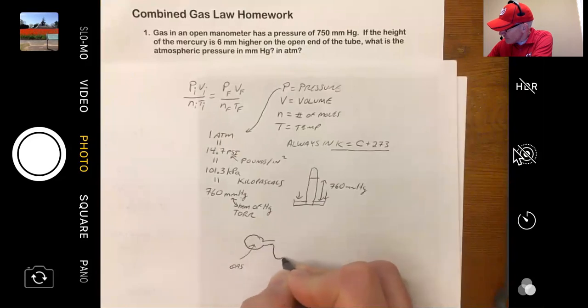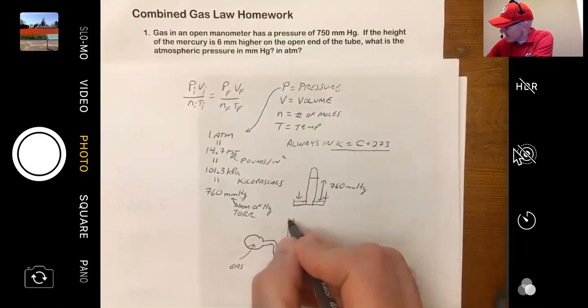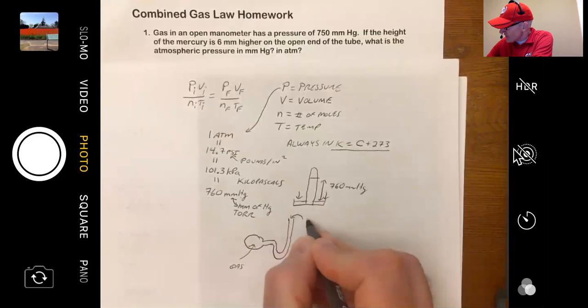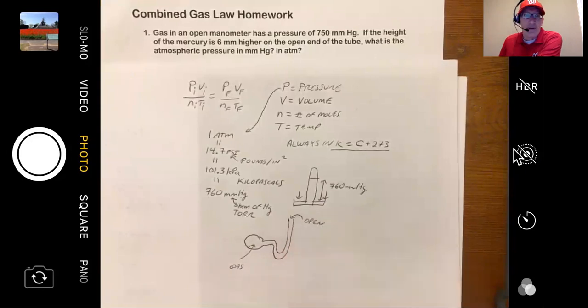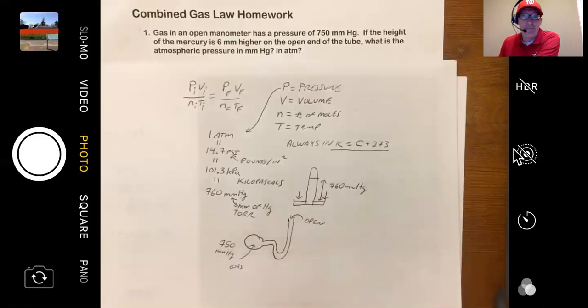There's always a U-shaped bend in it, and this end of the tube is completely open to the atmosphere. So the gas inside of this manometer is at a pressure of 750 millimeters of mercury.